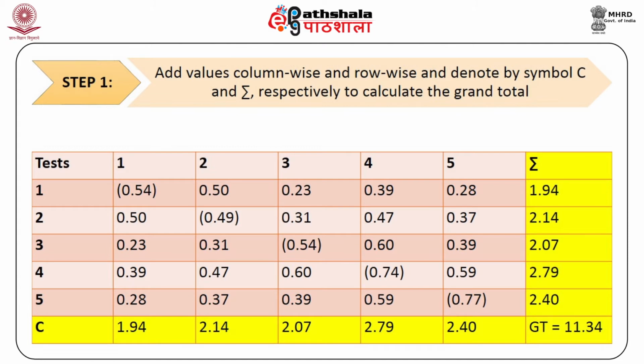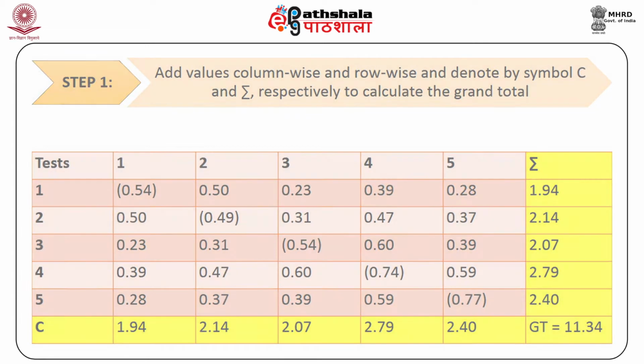In the figure, the extreme right column is the sigma value, the column totals are also given, and the grand total GT equals 11.34.